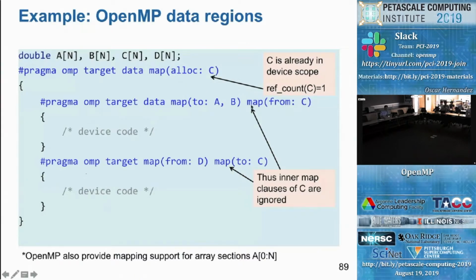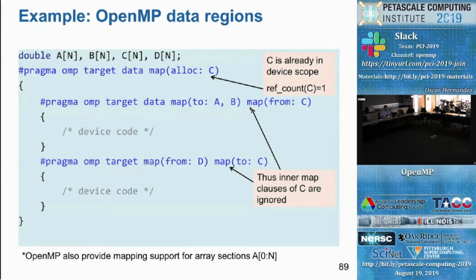And then we see this map and the reference count is going to become 2. So this from data is going to be ignored by the runtime. There's not going to be any data transfer in this case because the data has already been mapped. So if you really want to do any data transfers for these scenarios, you have to use the update directive in OpenMP.